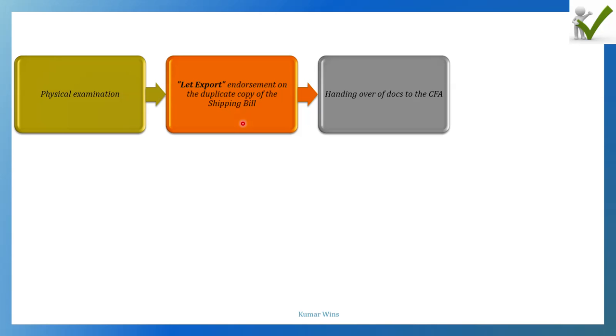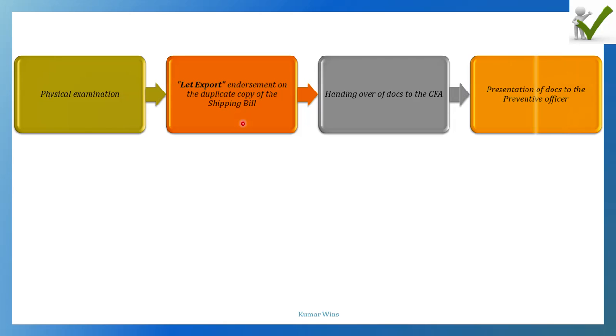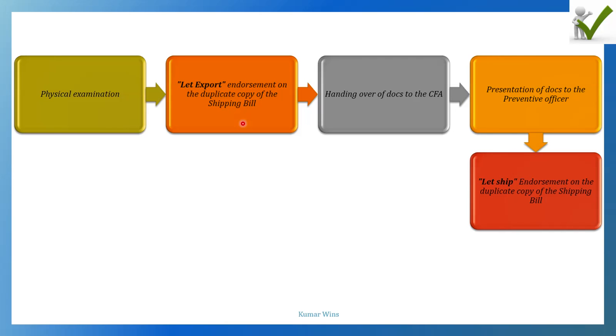There are some other documents as well, and these all documents have to be presented to the preventive officer. Preventive officer, they are in the customs department. The basic duty of preventive officer is to supervise the loading of cargo on board the vessel. Okay. Then the preventive officer makes another endorsement on the duplicate copy of the shipping bill, and this endorsement is known as late ship.